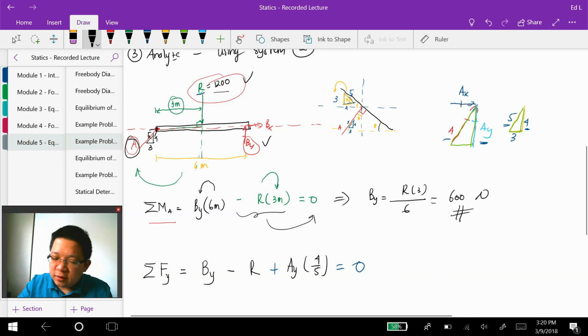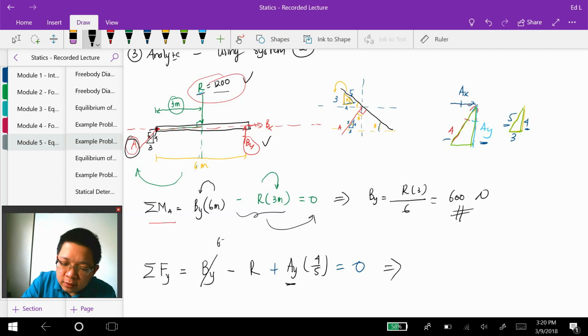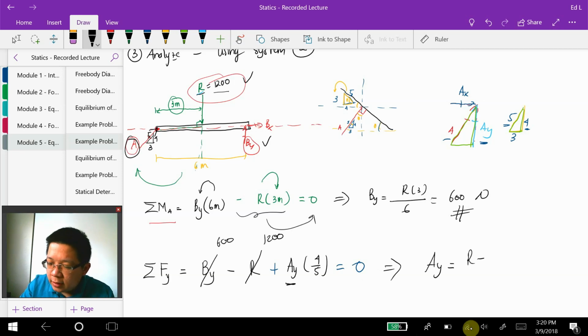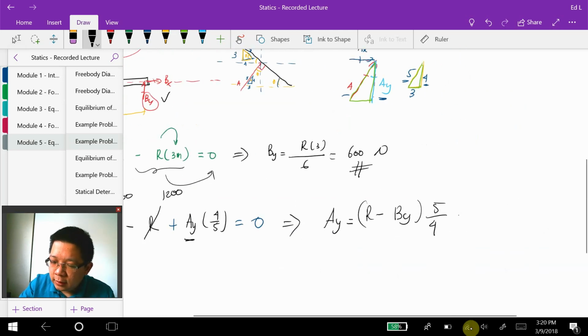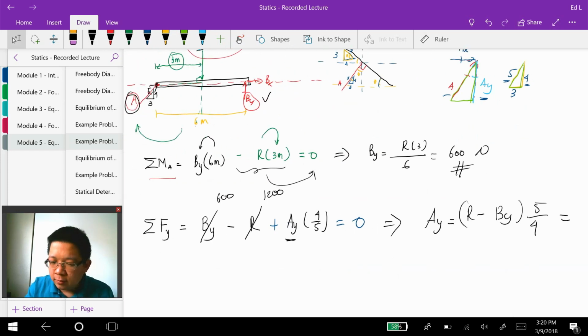Since we already calculated By before, here we can calculate AY. We know By is 600, R is 1200, so AY is R minus By times 5 over 4. So here we will obtain A equals, oh, I think I made a mistake.